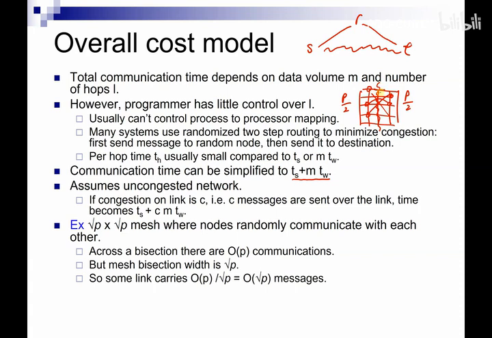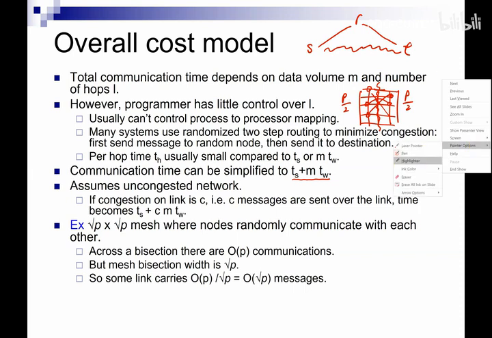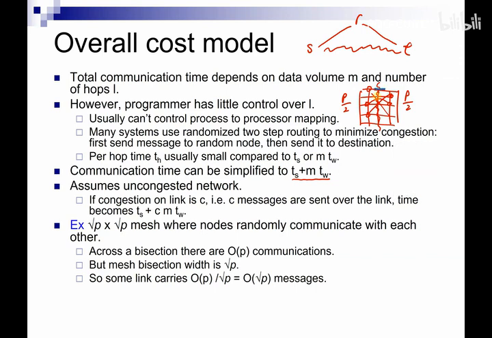However, if you look at the number of links between the two halves, since you have a root P by root P grid, the number of links is just going to be root P. We computed that in the last lecture.